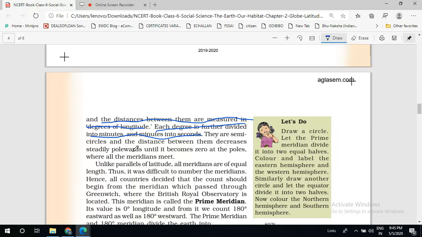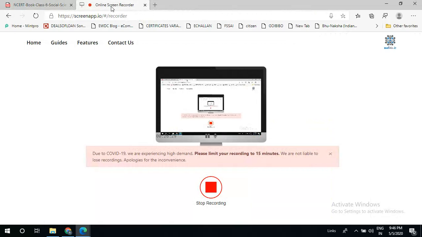You know, earth is always moving. The rays of the sun do not fall on all the places of the earth in a similar way, and because of that, one part of the earth receives sunlight, and in that part there is daytime, and one part of the earth is not receiving the light of the sun, and there we experience night time.